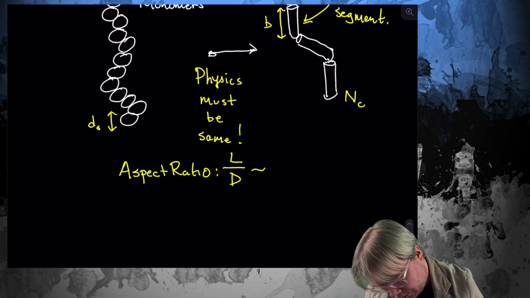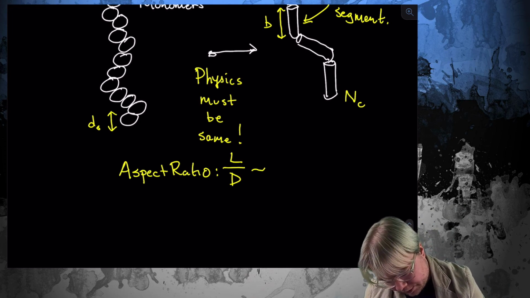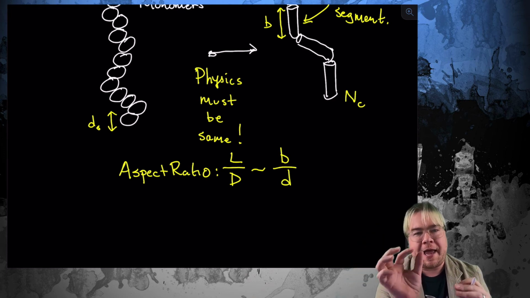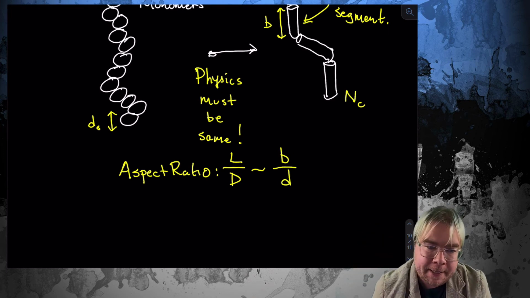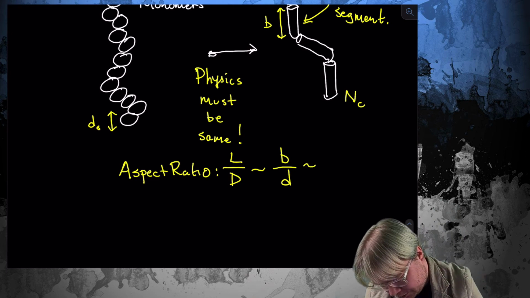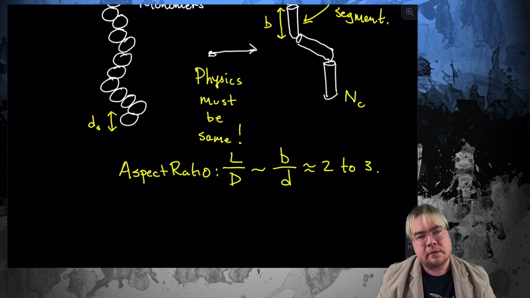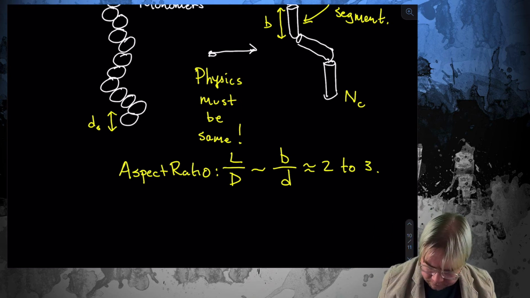So in terms of this model that we've come up with, this is going to be the Kuhn length divided by the diameter of that segment. And for most polymers, this turns out to be about 2 to 3. Okay, so that's kind of what we're talking about here.